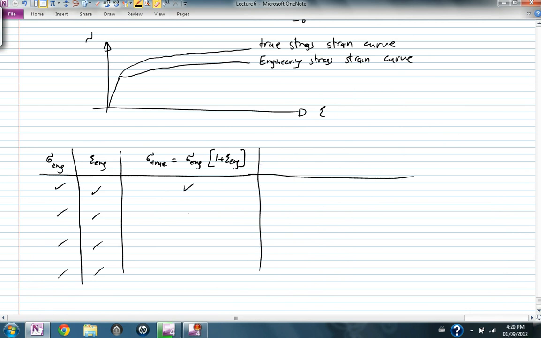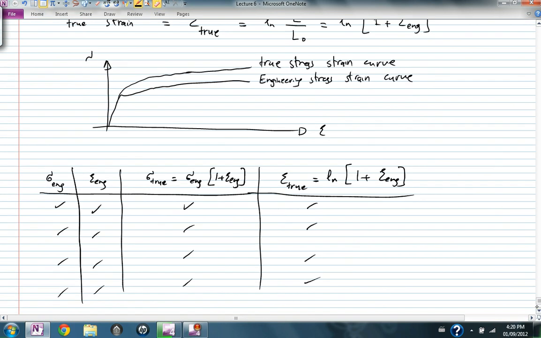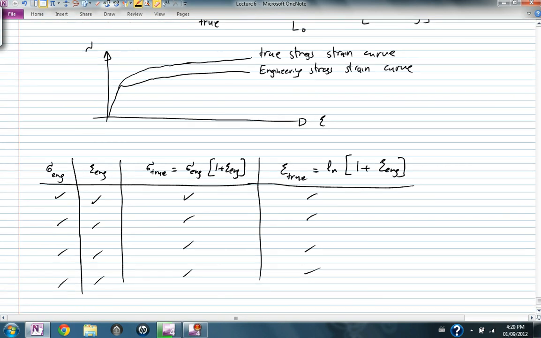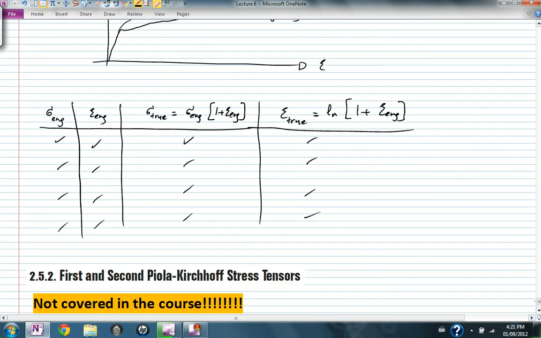So I can find the relationship between sigma true and epsilon true, which is equal to the natural logarithm of 1 plus epsilon engineering. And I can draw these curves, and you have an example in your book to show how to draw such a relationship.